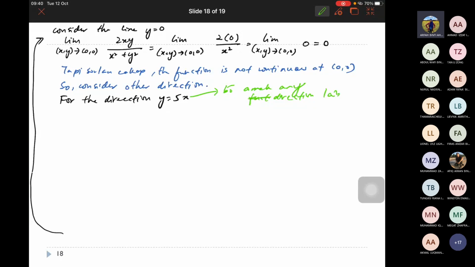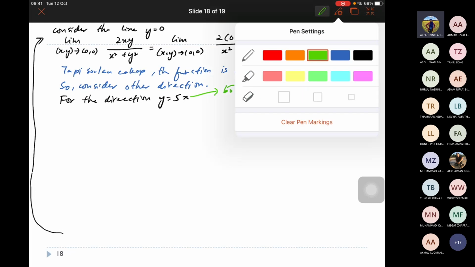Kalau tengok dekat soalan tu, prove that the function is not continuous at the point 0, 0. Maksudnya, ada direction lain yang menyebabkan function tu tidak continuous dekat titik tu. That's why kita cuba pula direction lain. Y sama dengan 5x. Begitulah. So daripada sini, kalau dia kata memang continuous, so should be no problem. Kita boleh stop je.